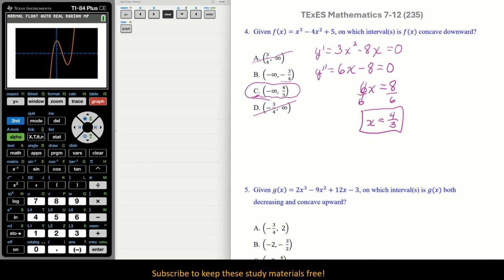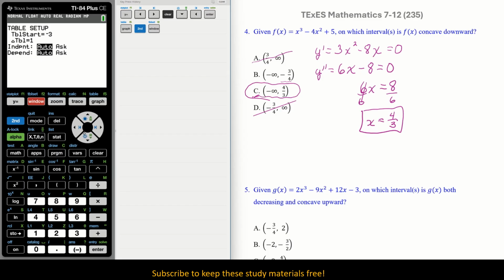So we're going to put everything back into increments of 1/3. Okay. So let's go to second window. Okay. And I'm going to say I want to go back to number 1, but I want again to set everything up in 1/3.